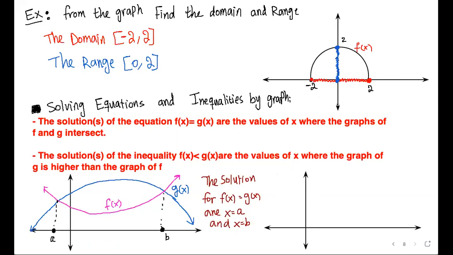Now for the second function, it's exactly the same function. This is my g of x here. G of x, and the second one is f of x, in green color. Make it nicer, like this.